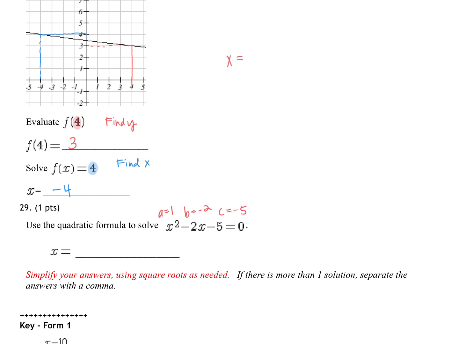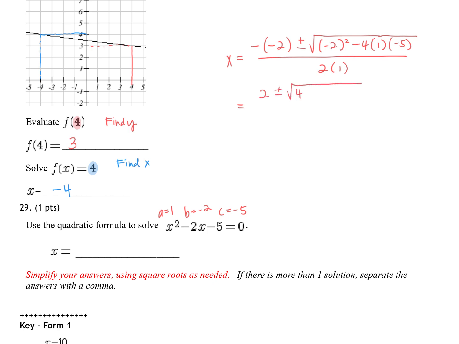So we have x equals the opposite of b, so negative negative 2, plus or minus the square root of b squared minus 4 times a times c, all over 2a. So we'll get 2 plus or minus the square root of 4 plus 20, over 2. So that will be 2 plus or minus the square root of 24 over 2.